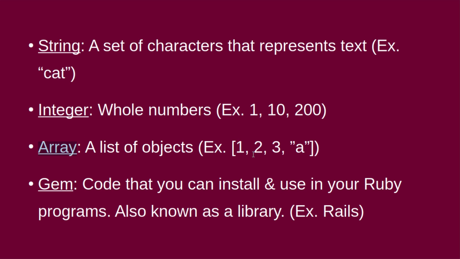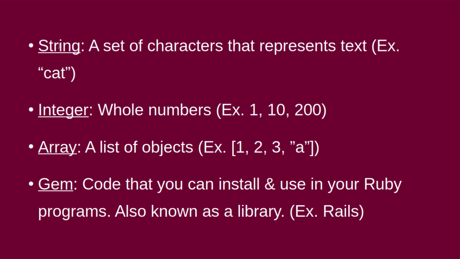You and Ruby know that this is an array, a list, because we use square brackets. So this symbol right here and this symbol, right? The square brackets mean beginning and ending of a list, of an array. So that's an array. It's how we get a list of things together, right?